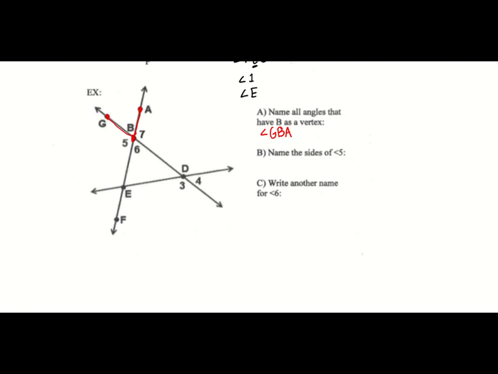Then I notice I also have this angle right here. Now this angle I could name using my points. I would have G, B, E, or I could just call it angle 5. It's got this angle right in the corner. Then I also have this angle right here, angle 6. B is still my vertex right here, and my last one right here, that is angle 7.